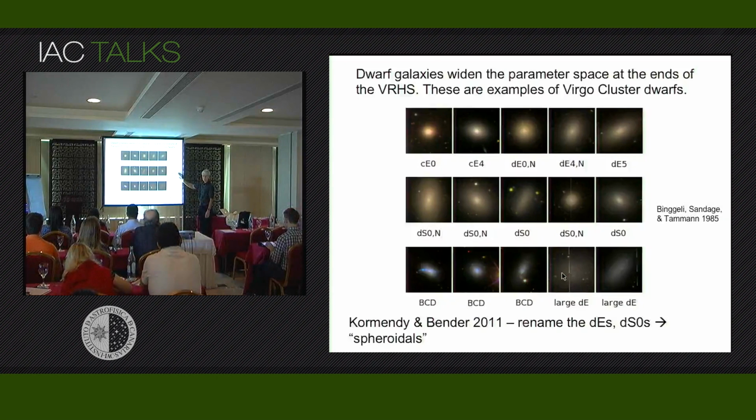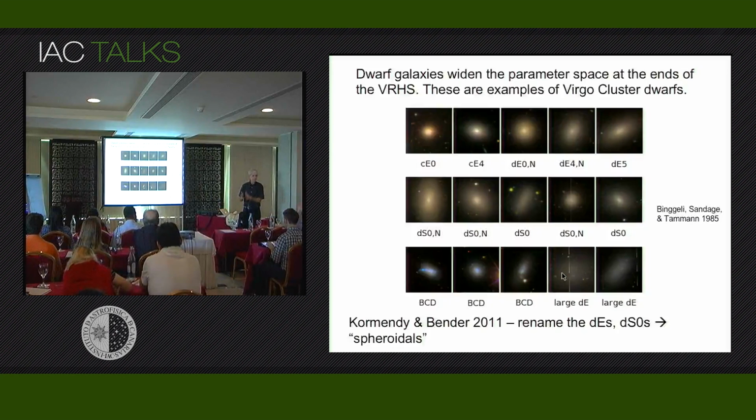And a huge question, and John has put a huge amount of effort into showing that these DEs are not the low luminosity counterparts or representatives of regular elliptical galaxies. Their progenitors are something else. The true low luminosity relatives of the larger ellipticals might be those compact E's, but not these DEs or DS-zeros.